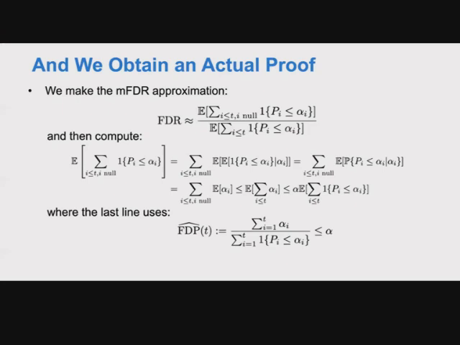If I take the FDP hat thing there, and I move the denominator over to the right-hand side, I get the sum of the alpha_i's is less than or equal to alpha times the sum of the indicators. If I take expectation on both sides, I get what I've got on the line just above that. The expectation of the sum of the alpha_i's, that's the numerator, is less than or equal to alpha times the expectation of the denominator, which I've now moved over to the right-hand side.